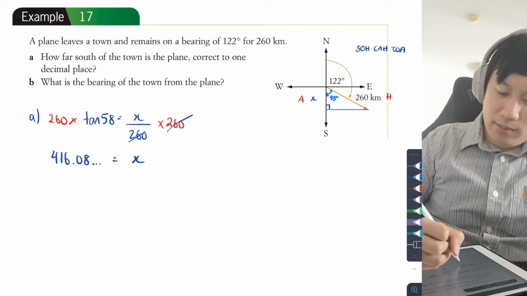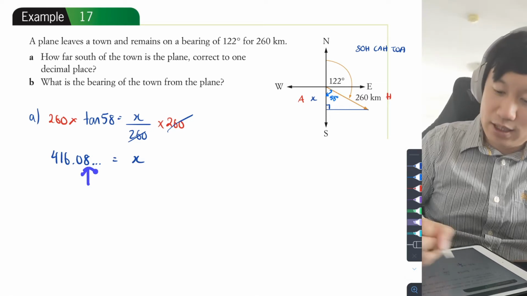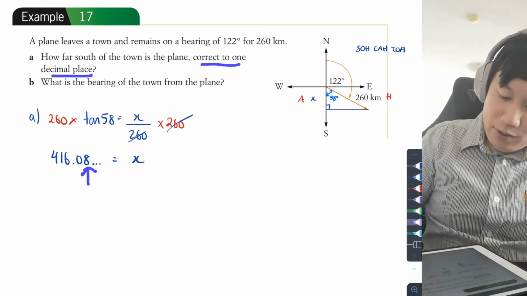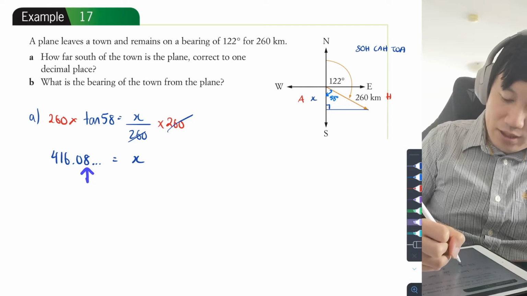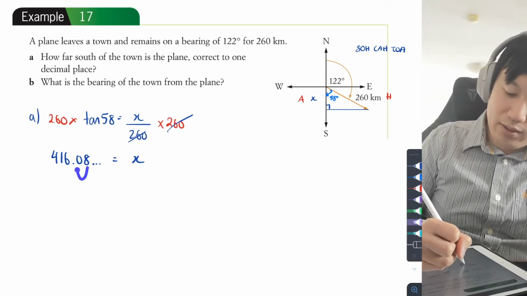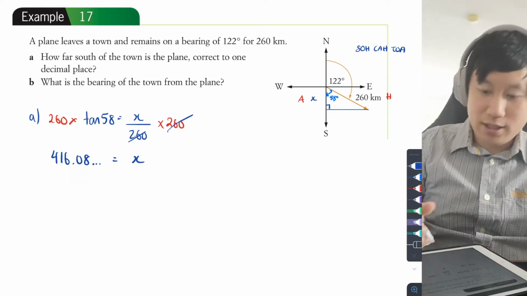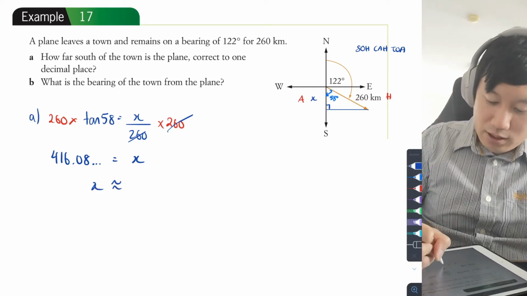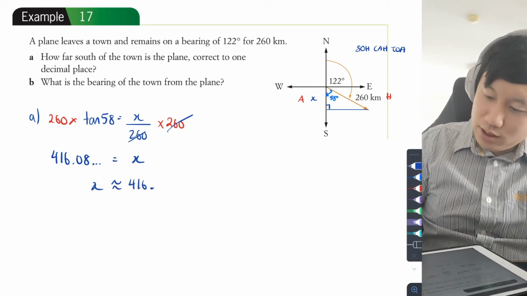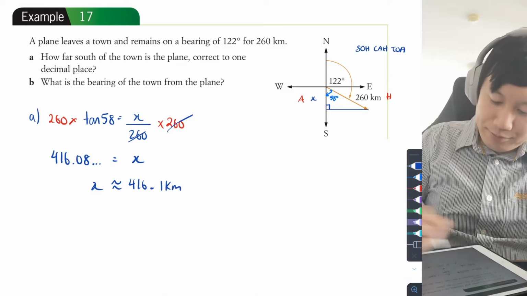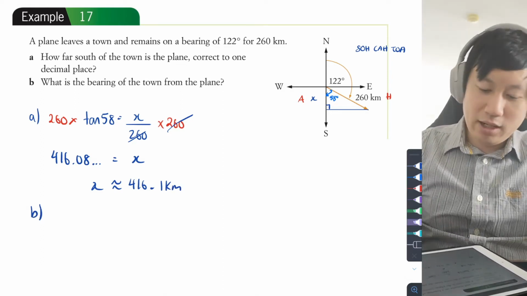I'm just going to put two decimal places because the question says to round to one decimal place. Looking at the second number after the dot, that will round this number up by 1. So I would say that x is approximately 416.1 kilometers.